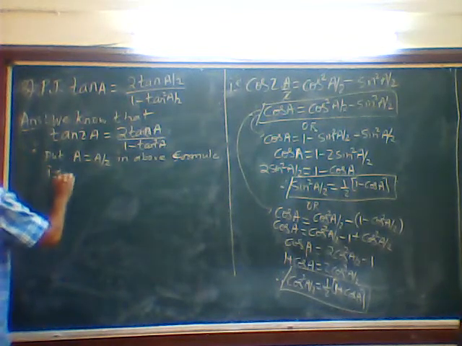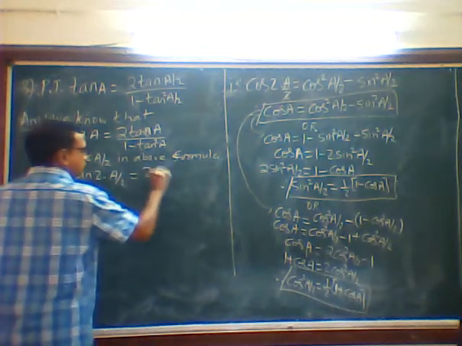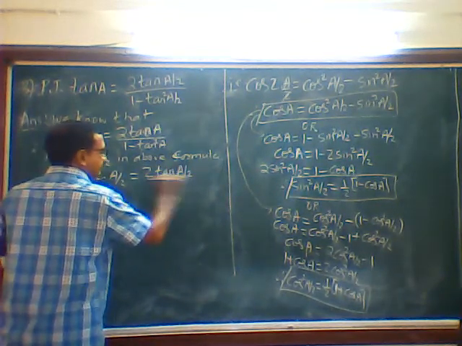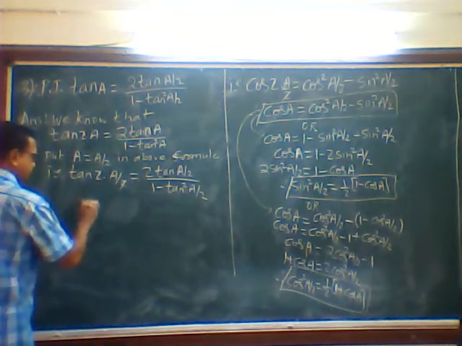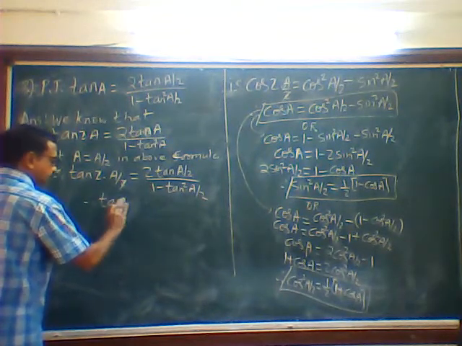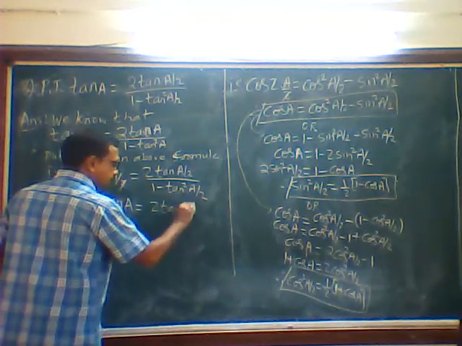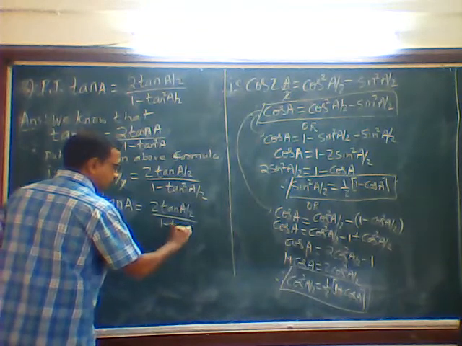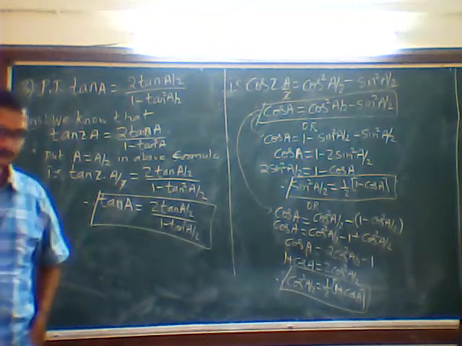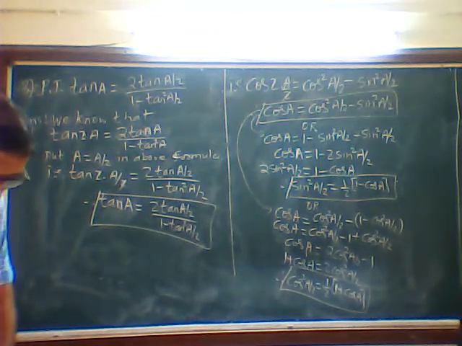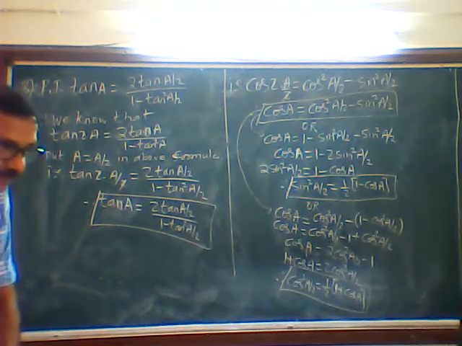That is, tan 2 into A by 2 is equal to 2 tan A by 2 divided by 1 minus tan square A by 2. The 2 cancels. Therefore tan A is 2 tan A by 2 divided by 1 minus tan square A by 2. This is the formula. That's all. Here A by 3 and so on is not there.